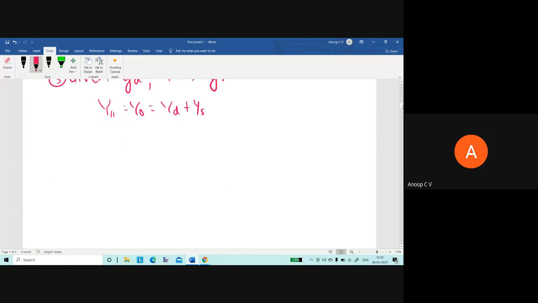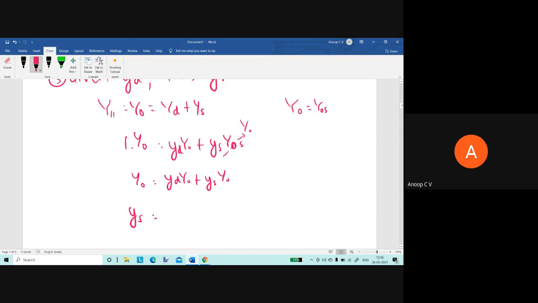So 1 into Y0 is equal to small yd into Y0 plus small ys into capital YS. In this case Y0 is equal to Y0S, so Y0 will get cancelled. So I'll get one, and this is case 1.